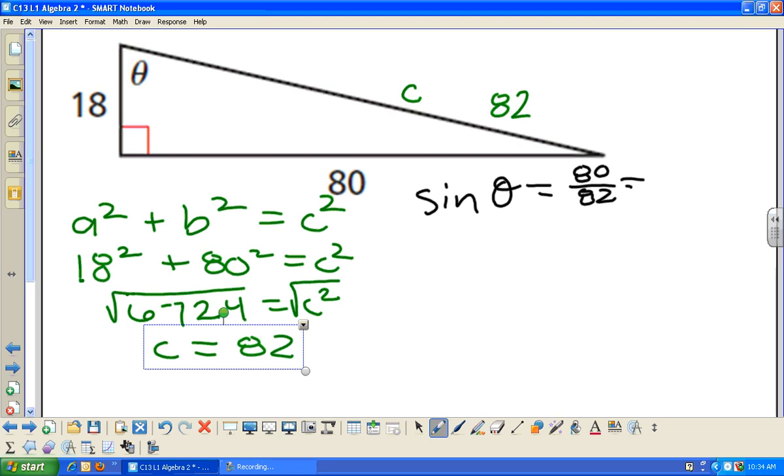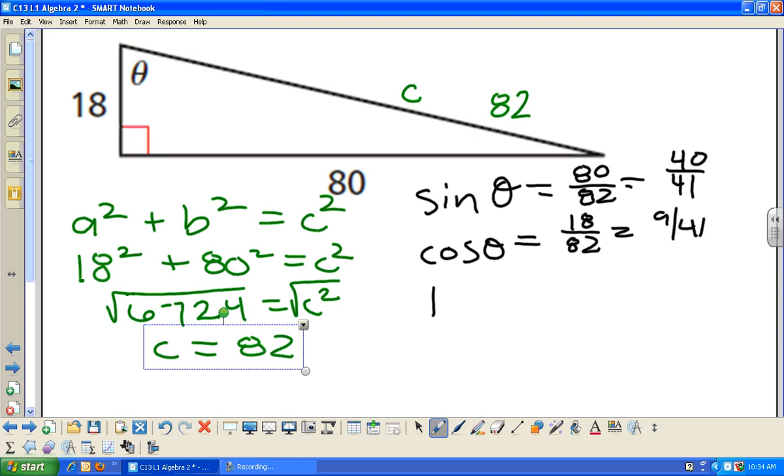I can reduce this to 40 over 41. Cosine is equal to my adjacent over my hypotenuse, and I can reduce this to 9 over 41. And tangent is my opposite over adjacent, and I can reduce this to 40 over 9.